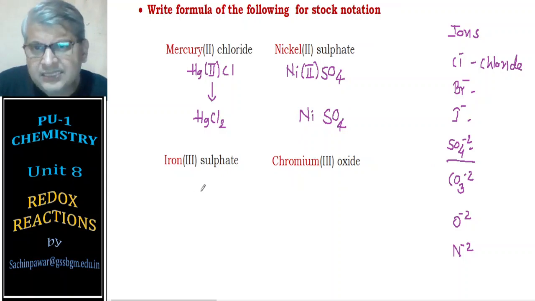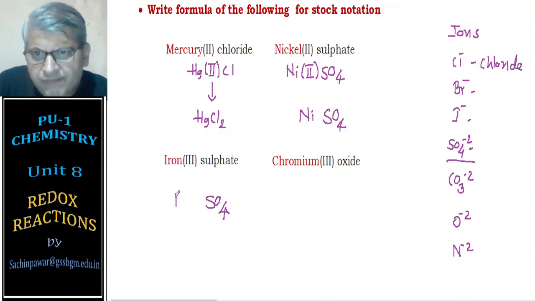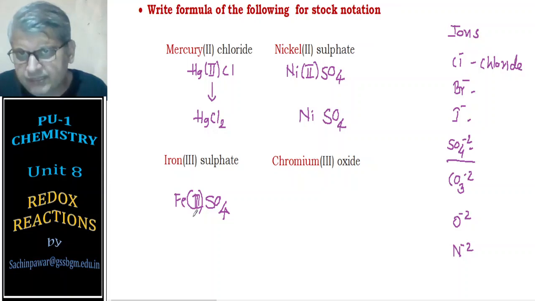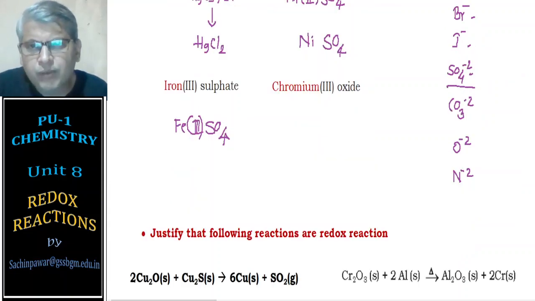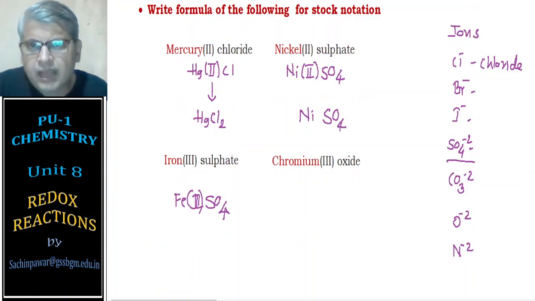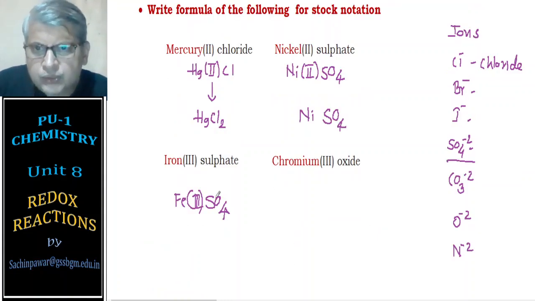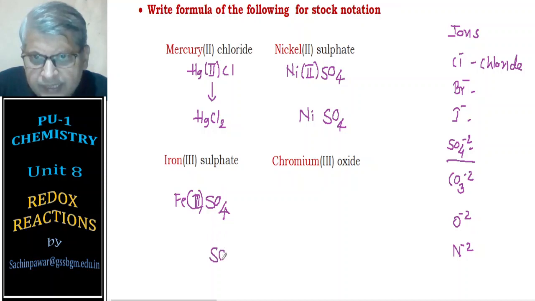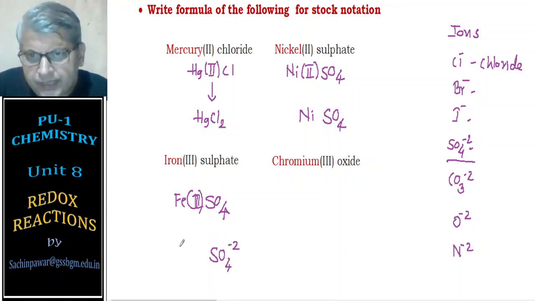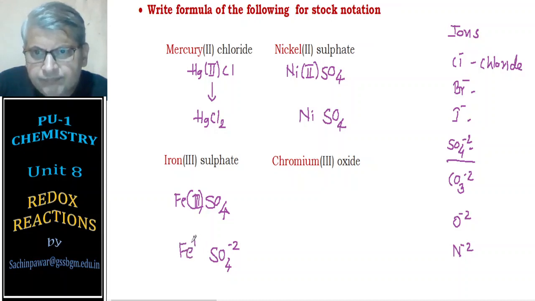Okay, iron sulfate. If I want to write iron sulfate, it is FeSO4. So you know this is SO4. Iron 3 sulfate. This is Fe3 sulfate. Okay, I want to write the formula of this. So you know already sulfate is SO4 minus 2, and now here Fe is in plus 3 state.